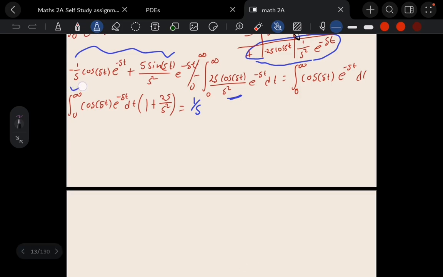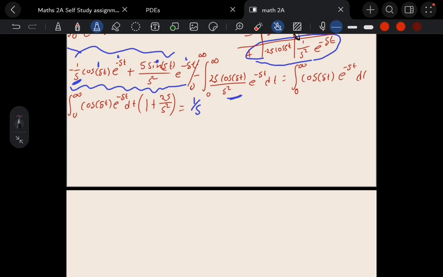If you simplify it, can you please simplify this part for me? You'll see that it's going to be 1 over s, because infinity here it's 0, infinity here it's 0. But when you substitute this 0 here, this is 1, that is 1, this is 0, that is 1. So that's why I'm left with that positive 1 over s, because you need to subtract also.